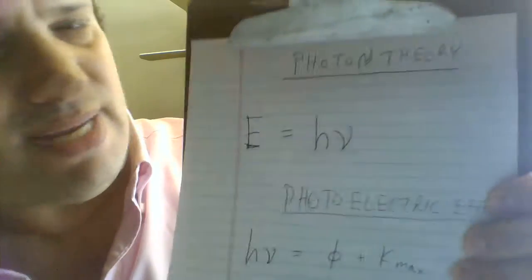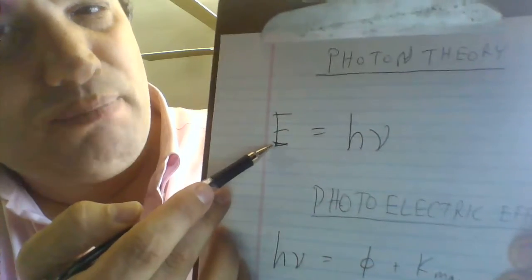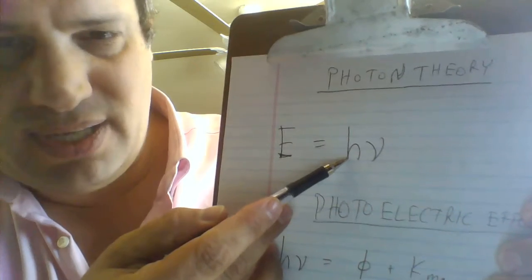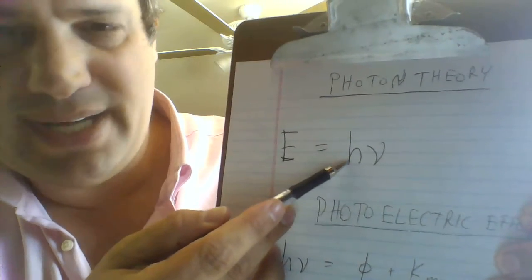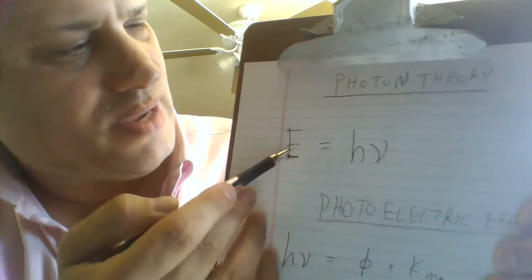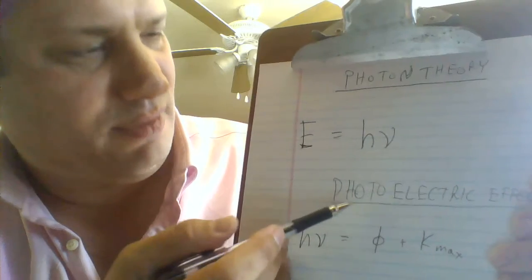So let me show you a little bit about Einstein's theory here. Basically, Einstein postulated that energy came in bundles, E, which are equal to h, where h is a constant called Planck's constant, times the frequency nu. So E equals h nu as a bundle of energy in a photon.